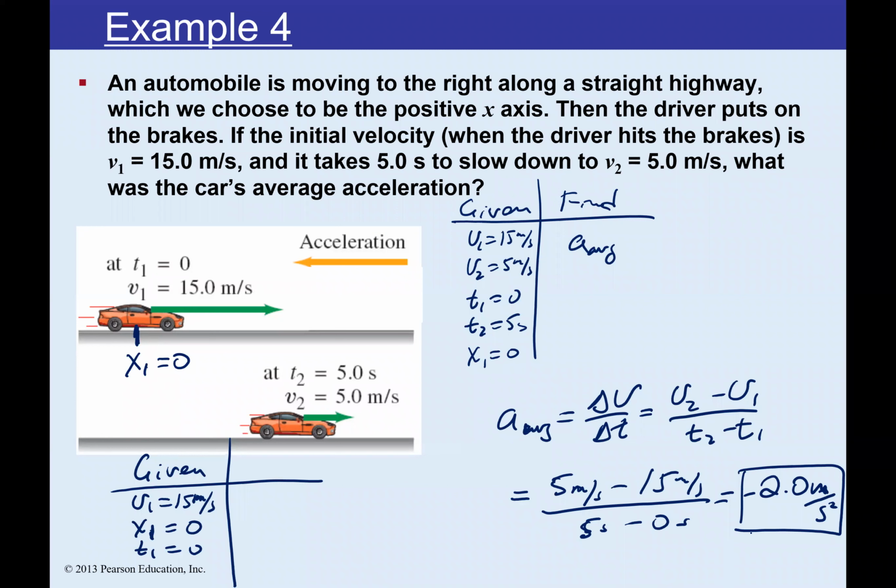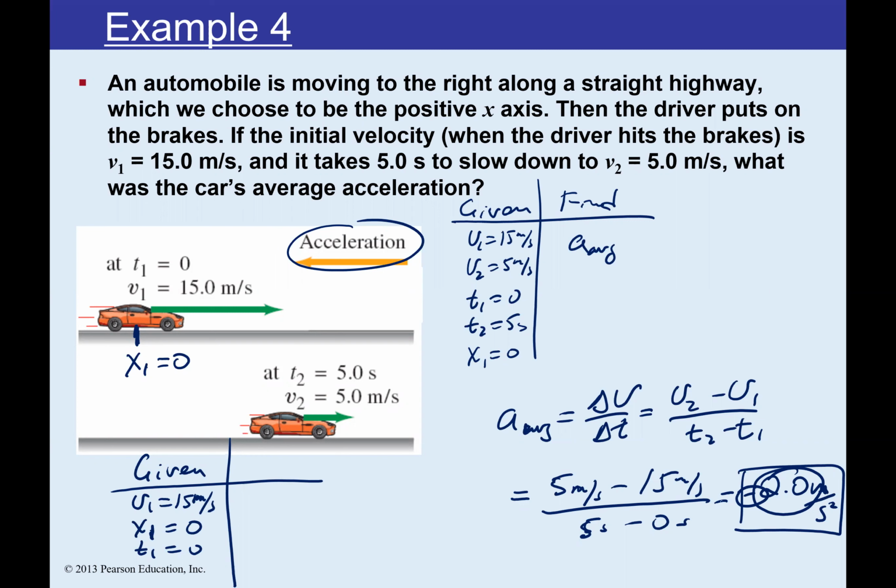Because you have to slow down, acceleration tells you that every second you change your velocity by 2 meters per second, but the negative direction means that you are slowing down. If acceleration here had been positive and you're moving in a positive direction, then you would actually be speeding up rather than slowing down.